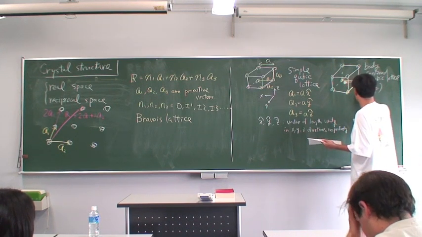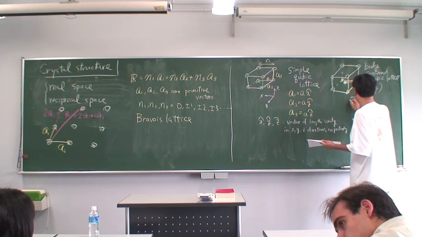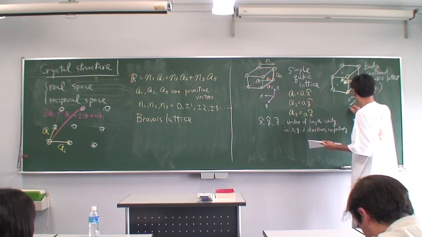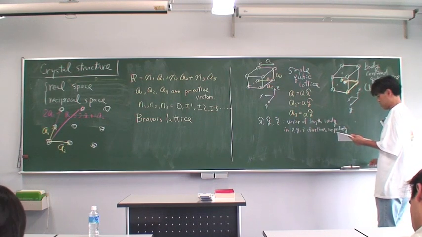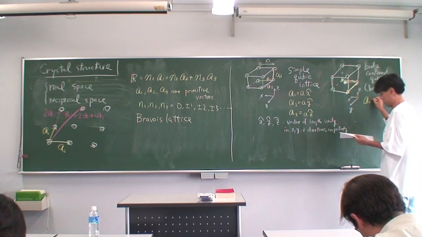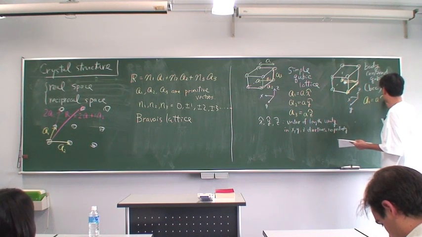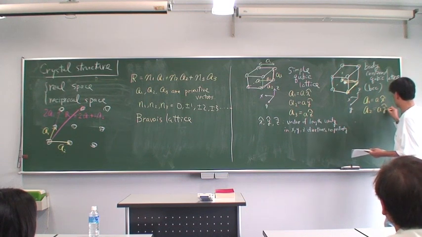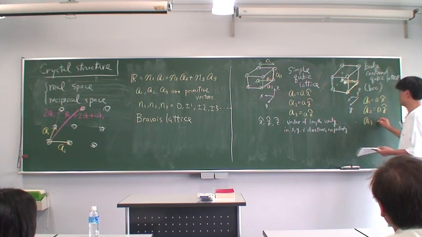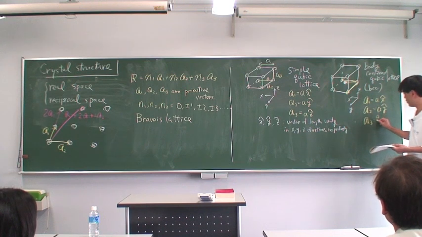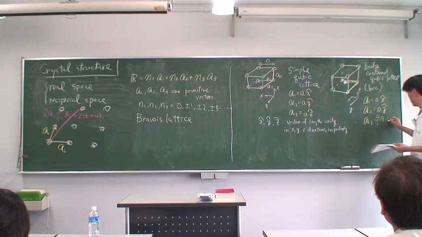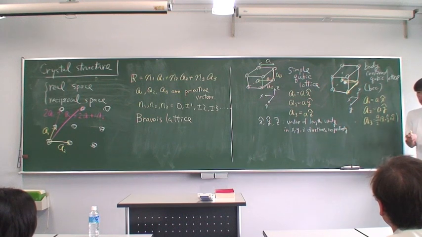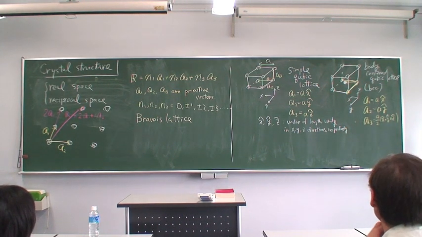And this is again Z, X, Y. So A1 is a x-hat, A2 is a y-hat, A3 is a over 2 times x-hat, okay?